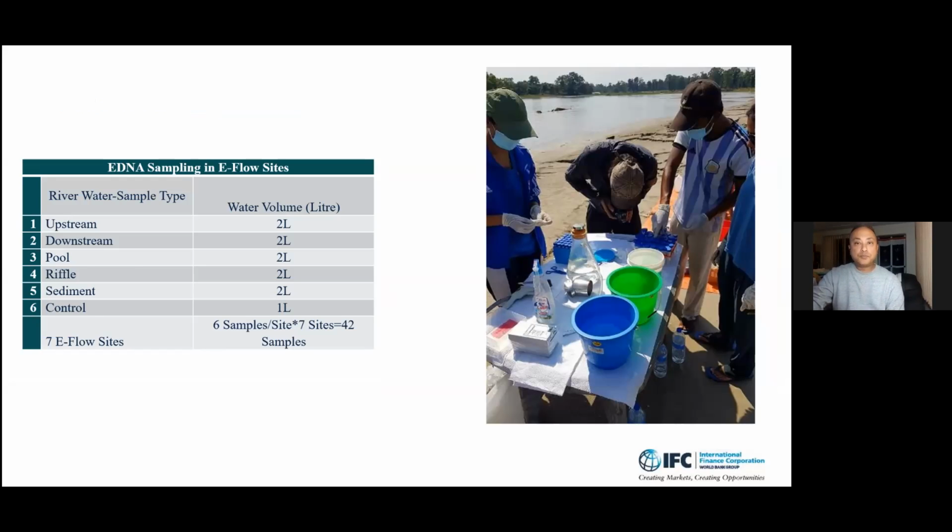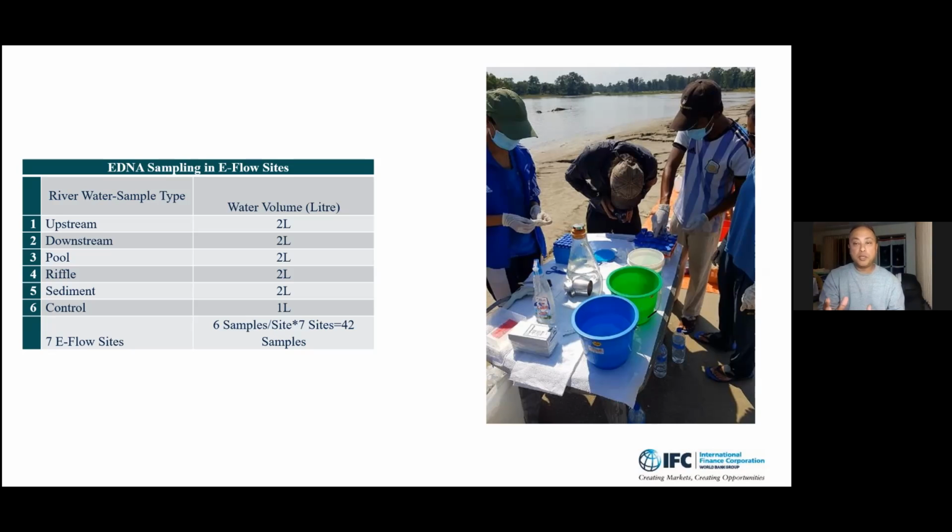Our effort was to figure out the aquatic biodiversity using eDNA, taking 2 liters of water upstream, downstream, and in all these different pools and riffles. We do the filtration out in the field. The picture shows us putting out a table. First we make sure there is no cross-contamination.